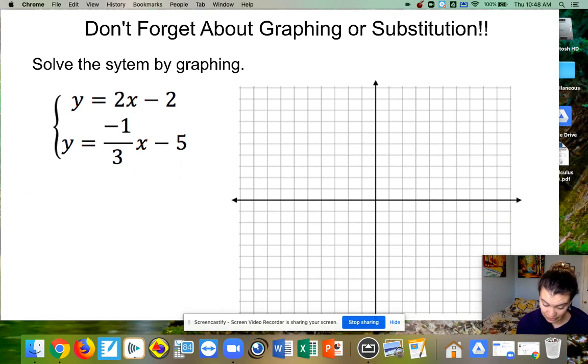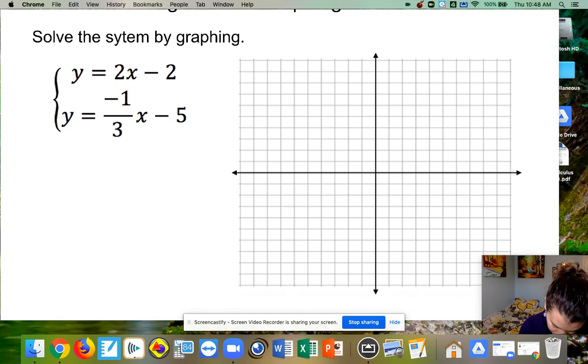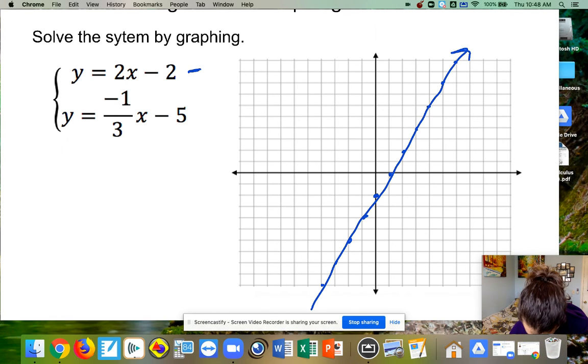All right, don't forget, we had other ways to solve equations. So graphing, you graph your two lines. So let's plot these. I'll do this one in blue. Start at -2, go up 2 over 1 to plot your equation. And you'll get something like this. Plot your other equation.